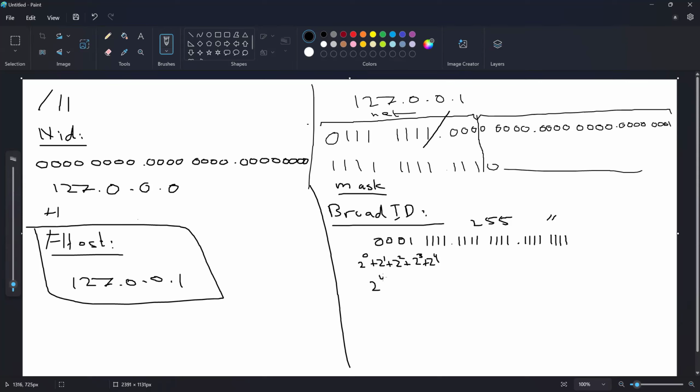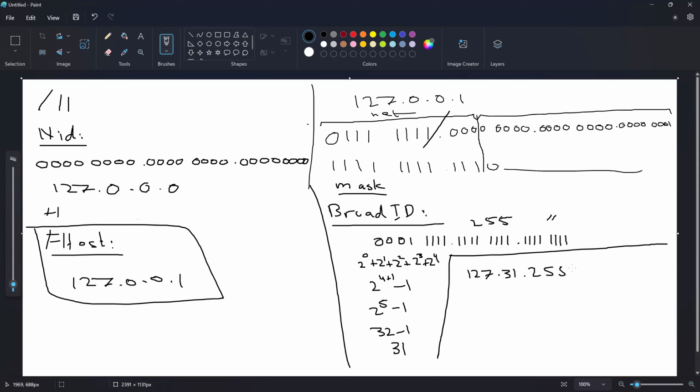You can use this formula: 2^(4+1) minus 1. 2^5 minus 1. 2^5 is 32 minus 1. 31 is the broadcast ID. So this octet is 31, so the broadcast ID will be 127.31.255.255. This is the BID.